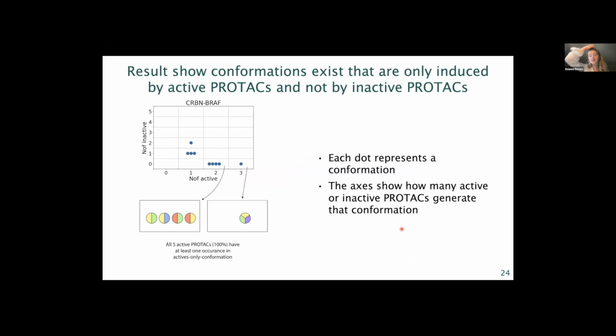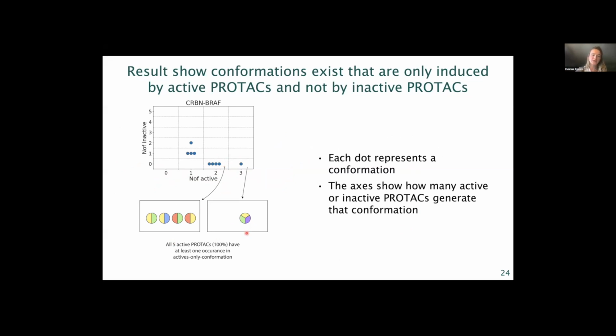And for that, I saw that if I look, for example, here, each dot represents a ternary complex conformation between the E3 ligase and target. And the axis shows the number of actives that can generate that conformation, and inactives, that there are conformations that are only found among the generated complexes by active PROTACs.